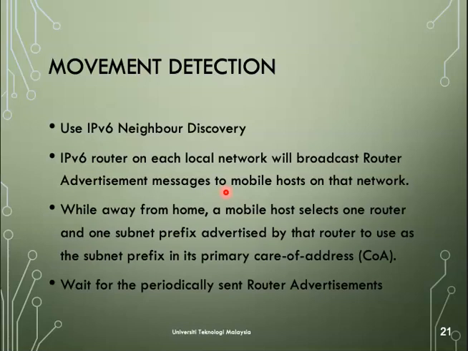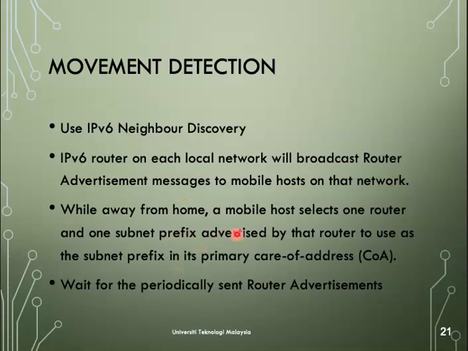The information in that router advertisement message allows a mobile to discover new IPv6 routers, and it also helps a mobile host to detect whether an IPv6 router is still reachable or not. It can also help the mobile host to detect whether it has moved out of a network or whether it has moved into a new network, using this router advertisement message.